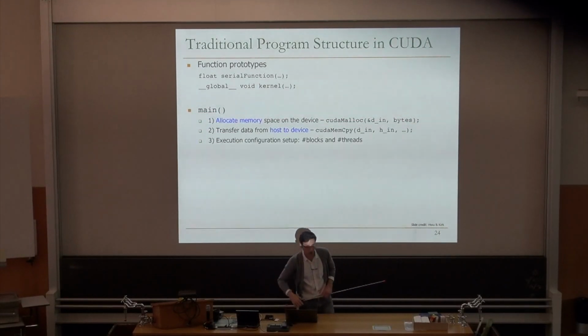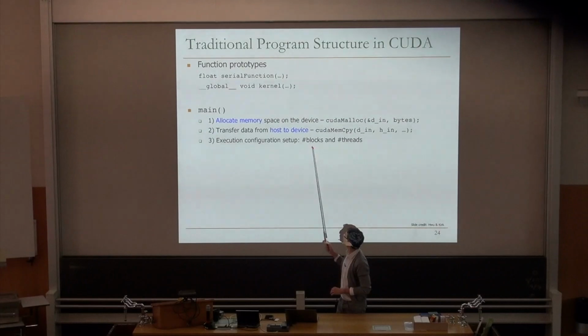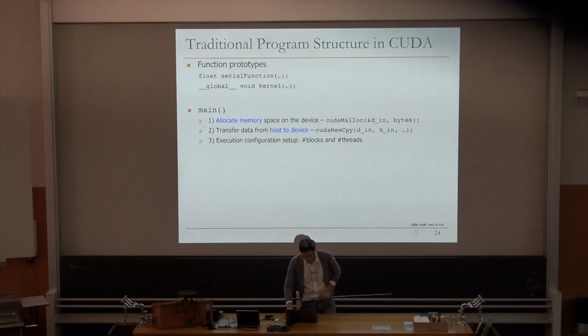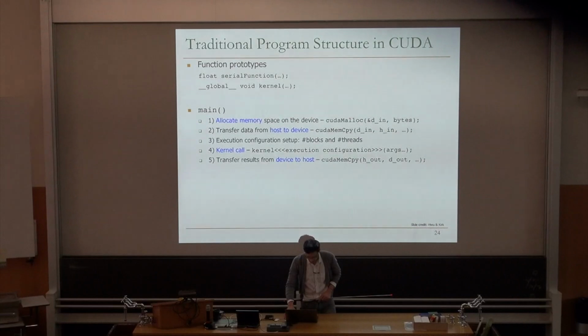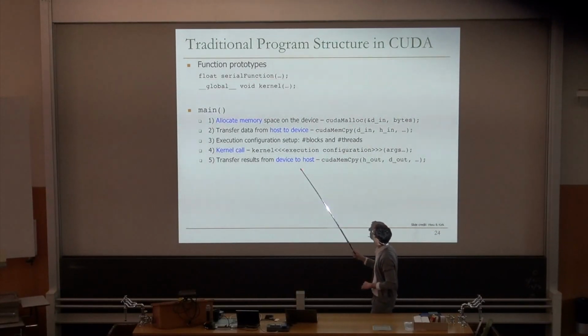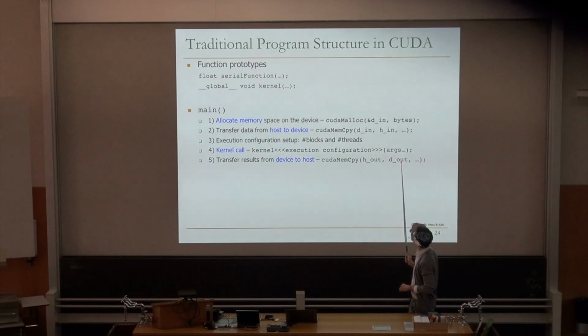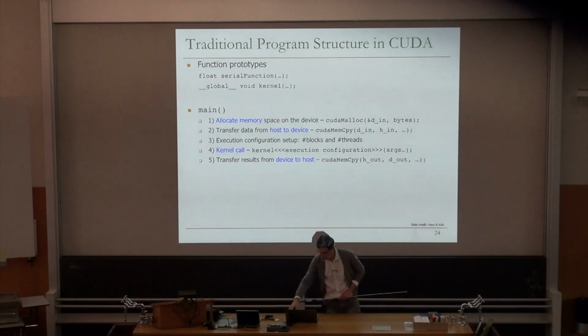Then we decide what's going to be the execution configuration, the number of blocks and the number of threads that we are going to launch, and then we call the kernel. You're already familiar with this, and when the kernel terminates, we will move the results from the device to the host, from this d_out to this h_out in main memory.